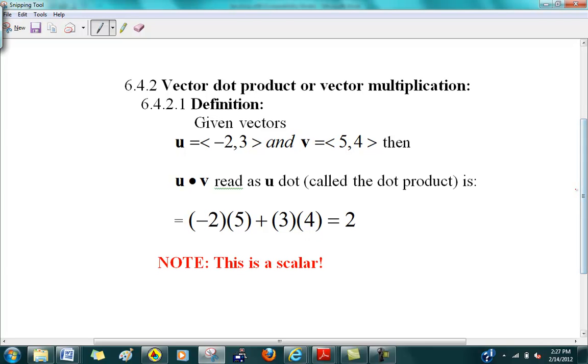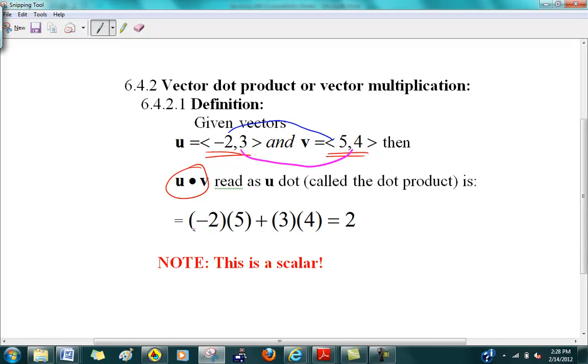I'll start out by giving you an example of two vectors, u and v, defined in component form there. Then this is called a dot product. It's read as u dot v. And all it takes is simple arithmetic. All you need to do is multiply the x components of the two vectors, the y components of the two vectors, and add them.